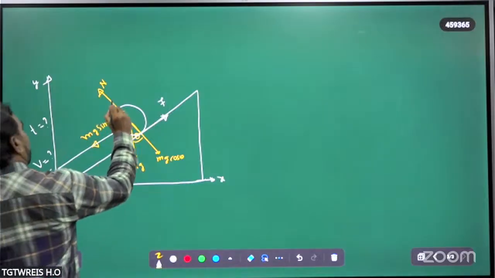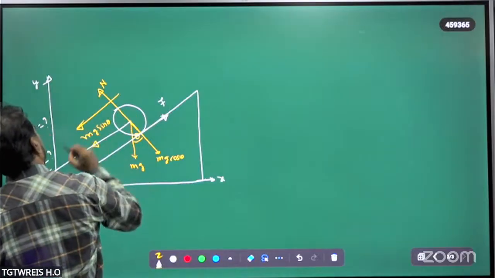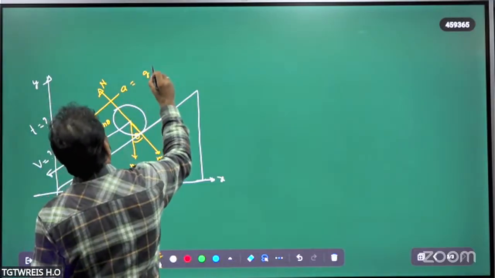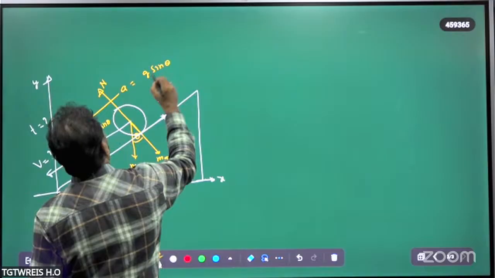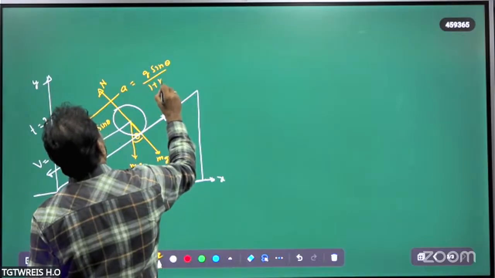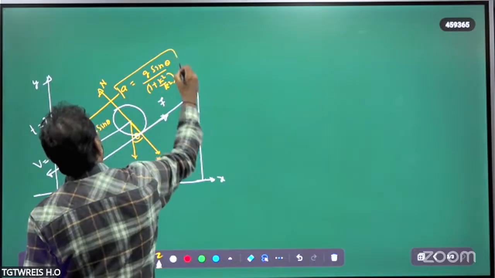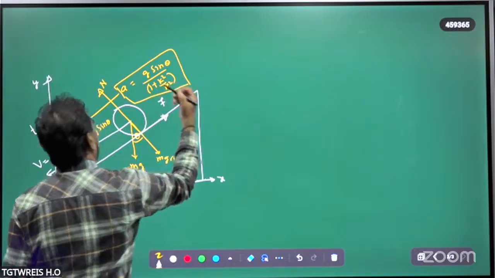So with what linear acceleration does it come downward? A is equal to g sin theta upon 1 plus k square upon r square, with this linear acceleration it is coming downward.